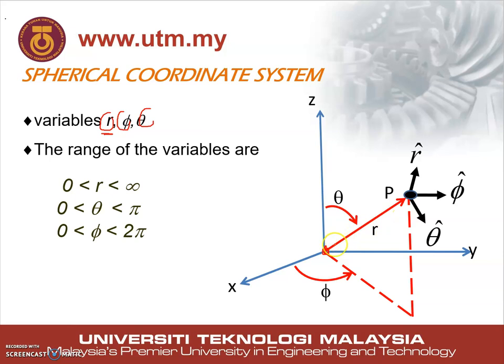The phi is the angle made from the x-axis going through here. This is your phi. The third one is theta. Theta is the angle made from the z-axis, starting and going toward here. So this is your theta.